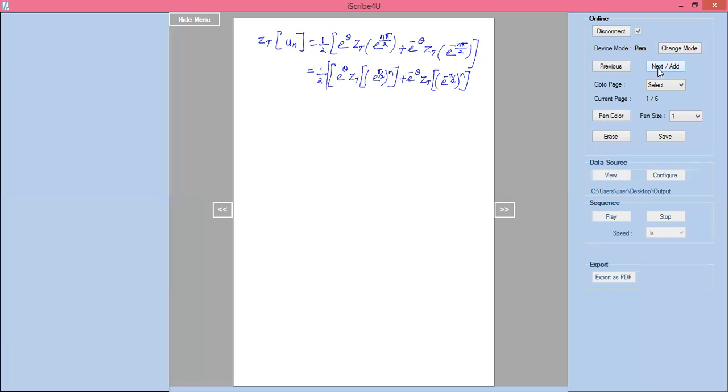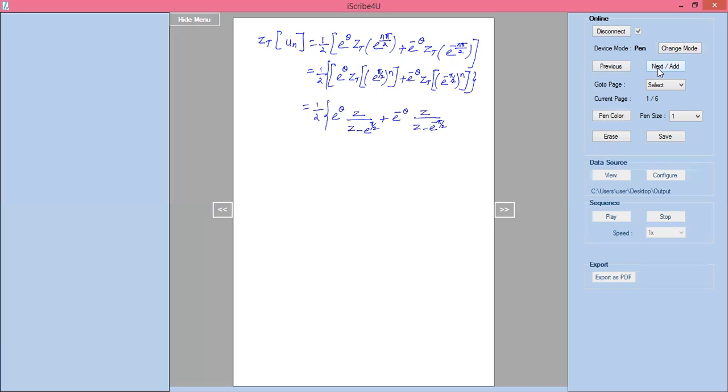Now we can simplify this. Z transform of k power n is z divided by z minus k. Here k is e power pi by 2. Now plus e power minus theta into z divided by z minus e power minus pi by 2.